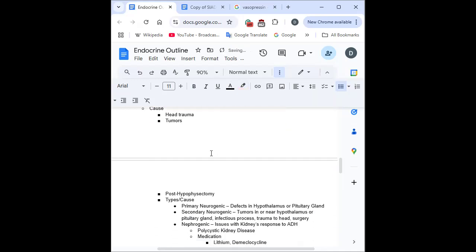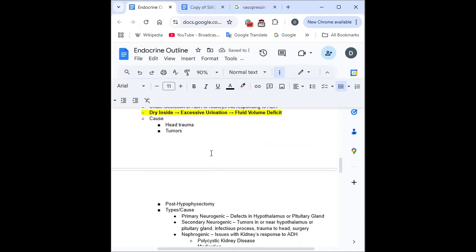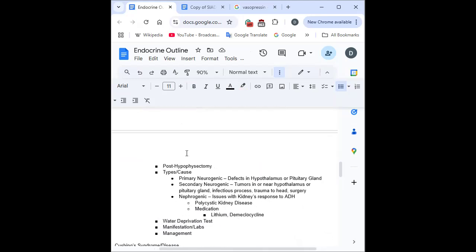Here I have a list of causes, but again, it's really not the priority for you to know so much the causes, I don't think. But head trauma, brain tumors. I also have here hypophysectomy, so that's after a removal of your pituitary.